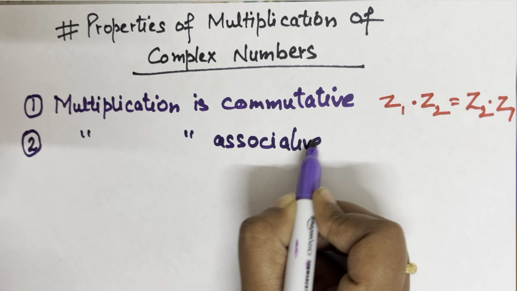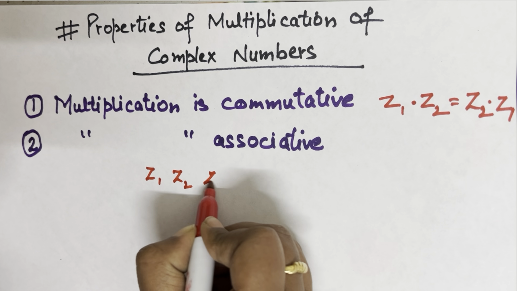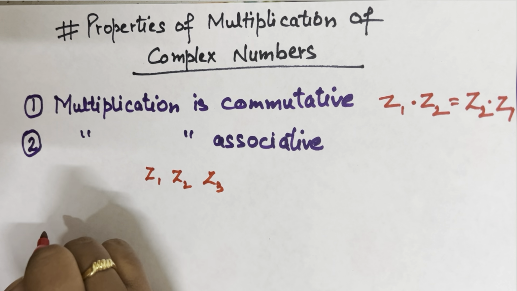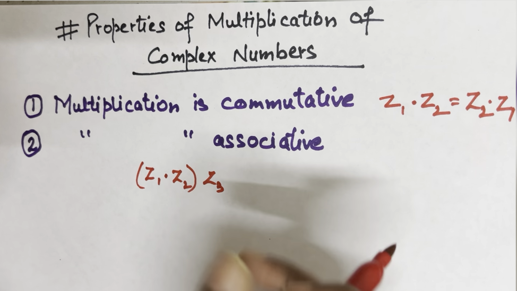That is, if we have z1, z2 and z3, these three complex numbers, and first we are going to multiply z1 and z2, and then after getting the result we will multiply it to z3.